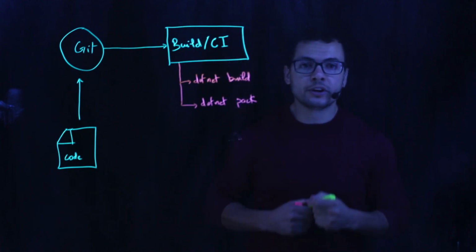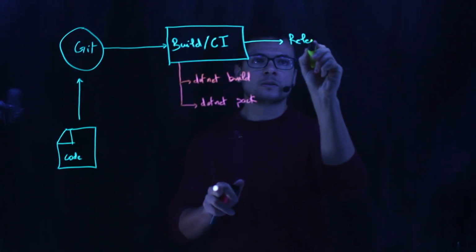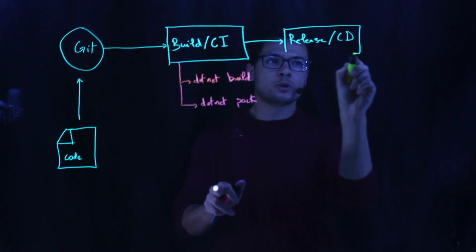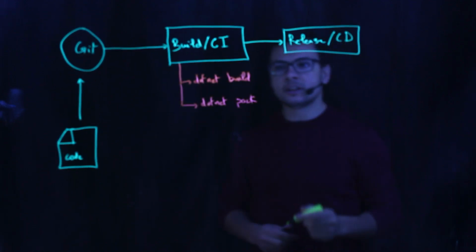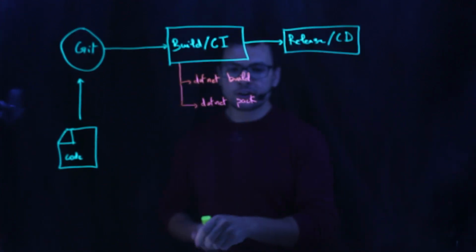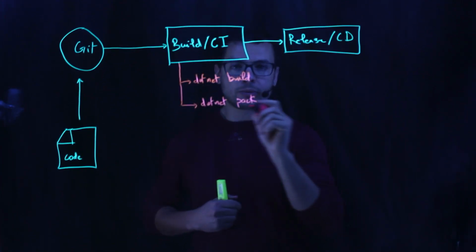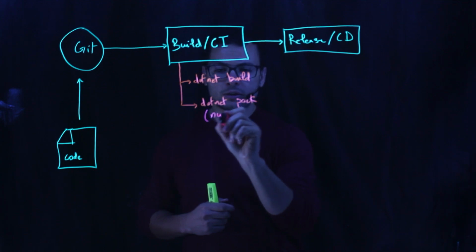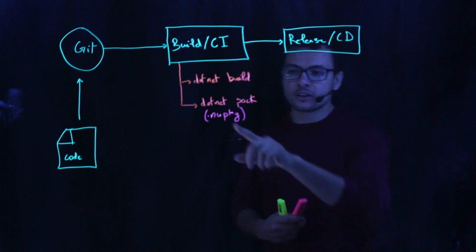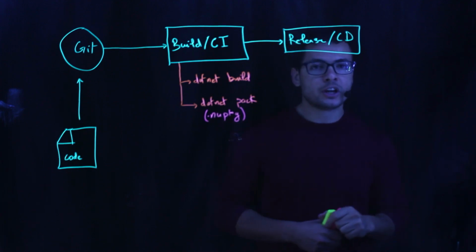After that, we'll move to the release pipeline, or the CD pipeline. During the release, the objective is to take the generated NuGet package, the .nupkg file, and deploy it into a public repository.